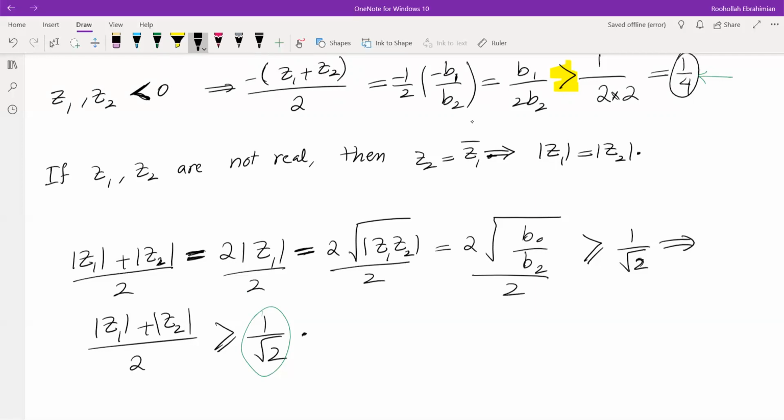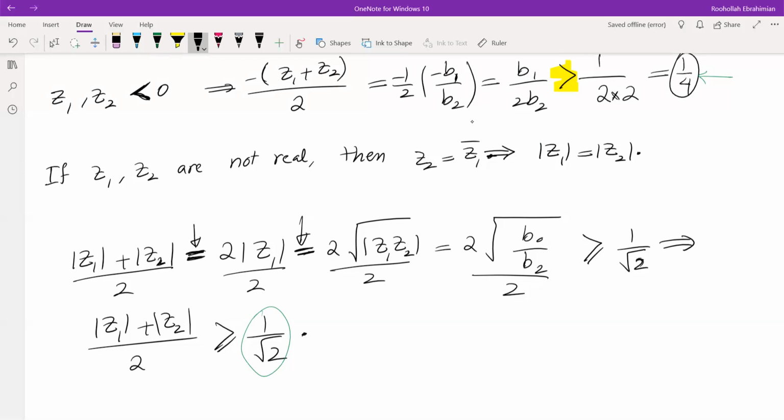So I got 2 different answers for these. One of them gave me 1 over 4. The other one gave me 1 over root 2. So let's see if I can somehow reconcile that. If you think about the second one, this equality fails if you are working with real numbers, because you could have 2 roots, one of them is -5, one of them is -3 potentially.